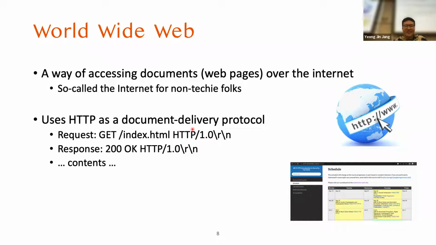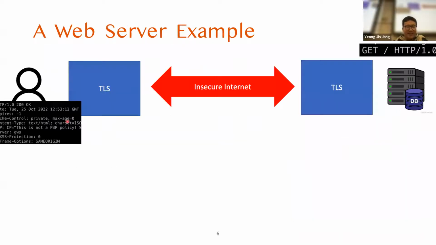I placed this kind of request here as an example, and that's the real request the web browser sends whenever we connect to the top page of a website. As a response, the server will send HTTP 200 OK, that kind of message.